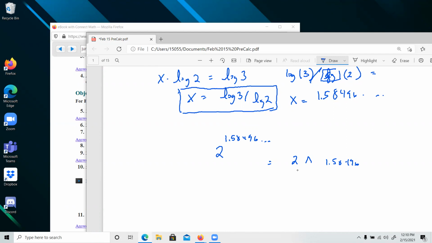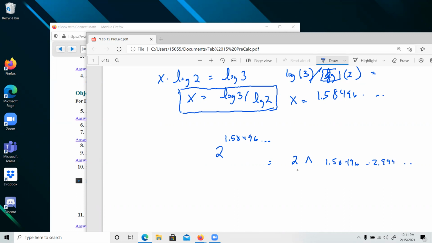You're going to get a little bit over 3, and then type in 1.58 instead, and you'll get a little bit closer to 3, and then 1.5849, and you'll get closer. So 2 caret 1.58496, and look at this. I got 2.999 all the way out for a while.